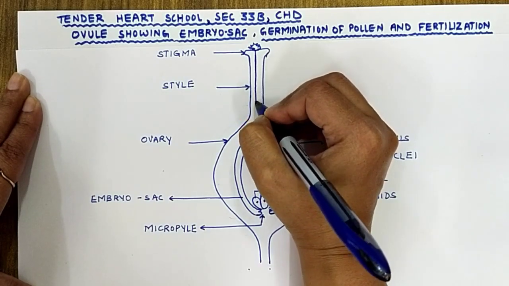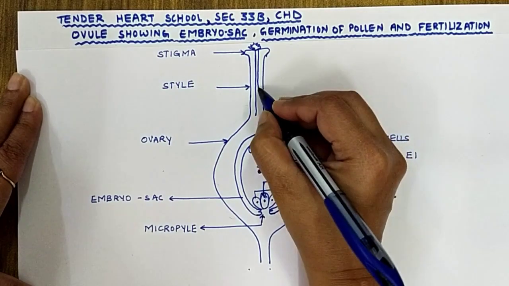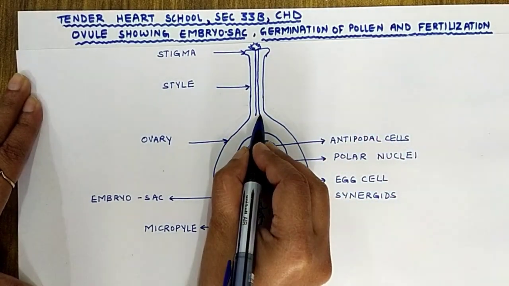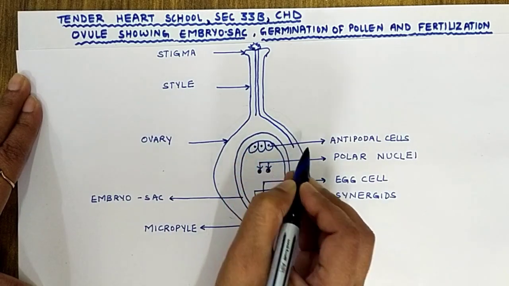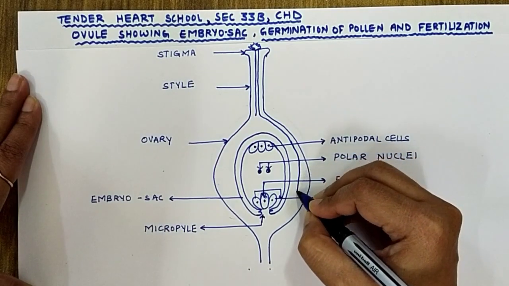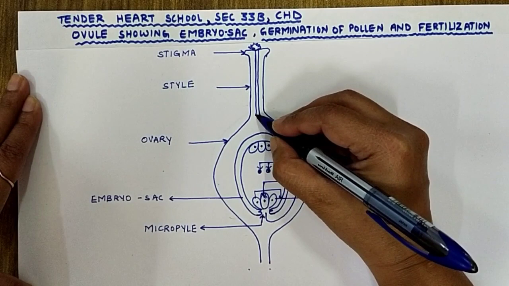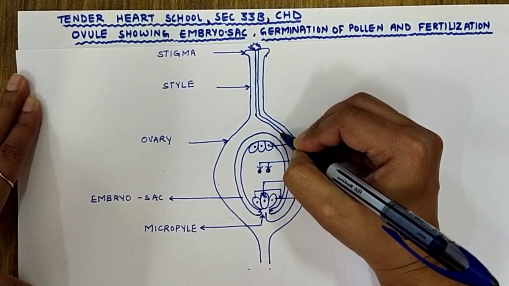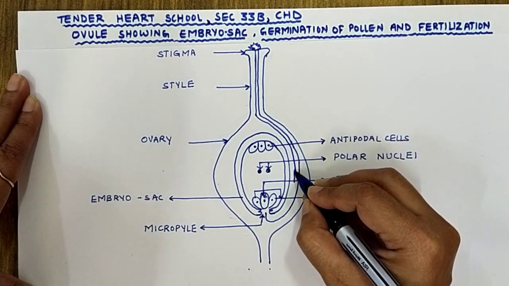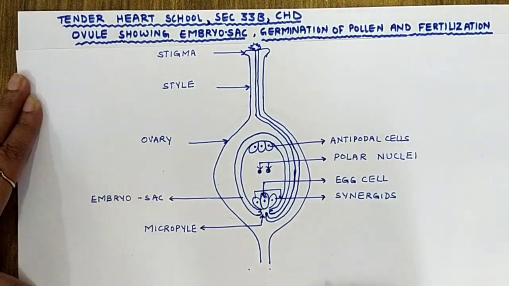This kind of pollen tube is formed, and it keeps on growing and travels inside the carpel and reaches the embryo sac. So like this, you can show the pollen tube going all through the carpel and reaching the embryo sac.